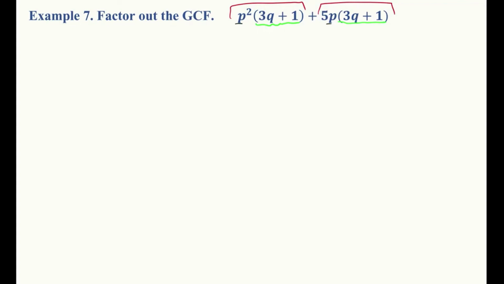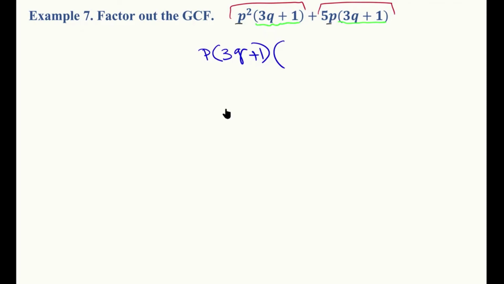So the GCF of these 2 terms is going to be not just 3 cubed plus 1, but also what's the lowest power of p that they have in common? The first power. So it's actually p times 3 cubed plus 1. Now, when you factor that out, what's left? In other words, what do you have to multiply this by to get this? You see that?